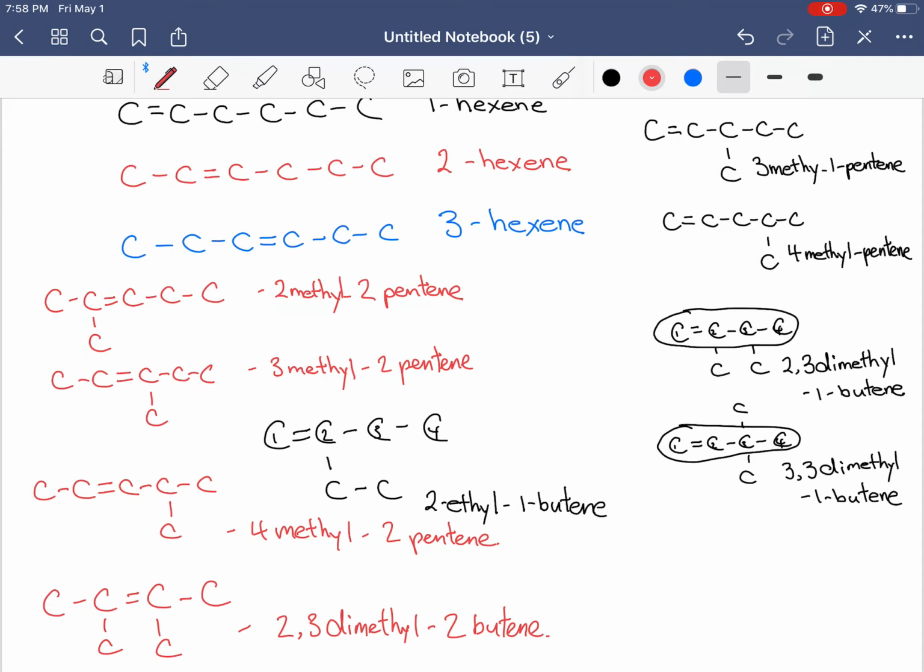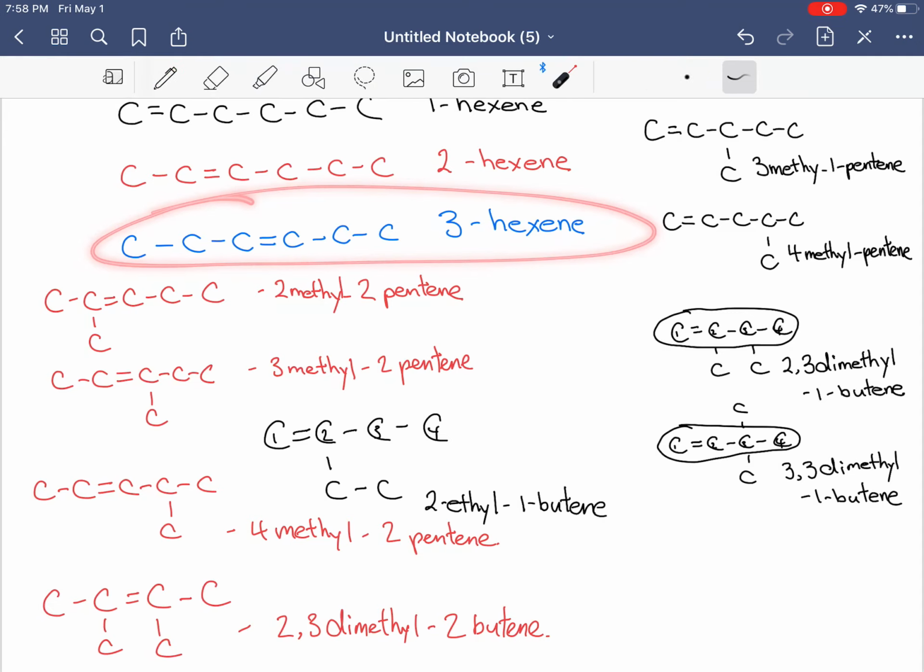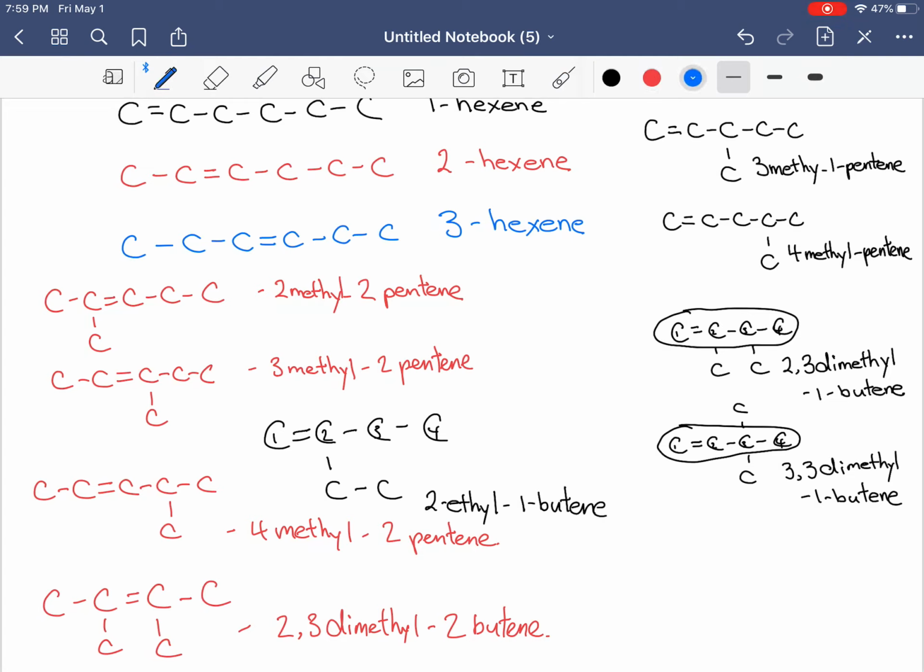All right. What about the blue? What about 3-hexene? Can I put some side group and make something different? Well, think about it. You really can't. Why? Because if you do this, let's say, here's your pentene.